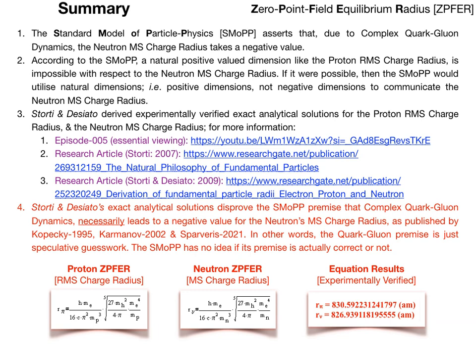Storti and Desiato's exact analytical solutions disprove the standard model of particle physics premise that complex Quark-Gluon dynamics necessarily leads to a negative value for the neutron's mean squared charge radius, as published by Kopecky in 1995, Kamenov in 2002 and Sparveris in 2021. In other words, the Quark-Gluon premise is just speculative guesswork. The standard model of particle physics has no idea if its premise is actually correct or not.